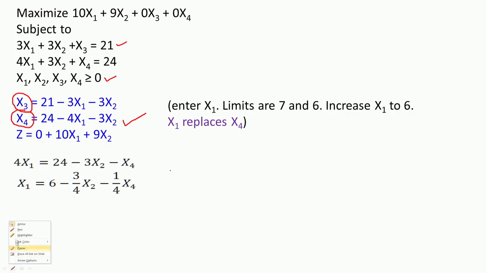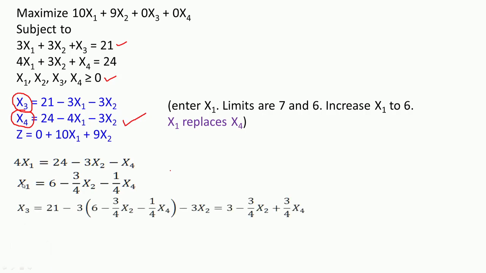Now, we have to find out the value of x3, and we do that by substituting for x1 in the first equation or in the equation for x3. So, we now use this value of x1 that we have taken and we substitute it in this x3 equation to get x3 is equal to 21 minus 3 times x1, x1 has been recently written, minus 3x2.